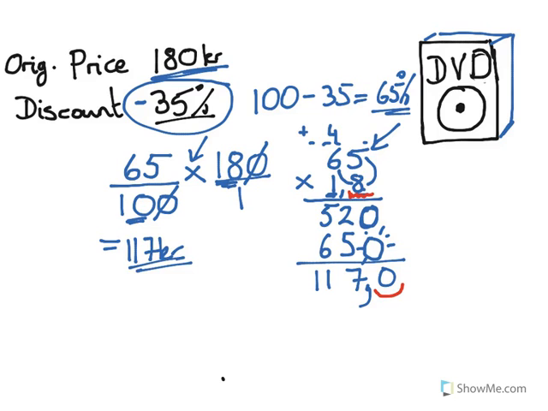This is the method that I think is one of the quickest ways of working out 65%. One of the other ways that the book shows you, it's a really good starting point, and I'd like to recommend that you start working percentages out in this way, is that you know that you're trying to work out 65% of 180 kronas.